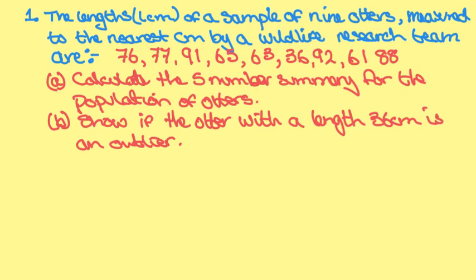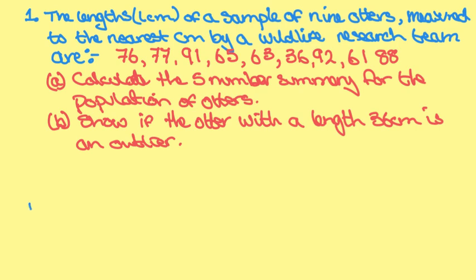B. Show if the otter with a length of 36 centimeters is an outlier. The first thing we need to do is put the list of numbers in order. In order, the list is 36, 61, 63, 65, 76, 77, 88, 91, 92.